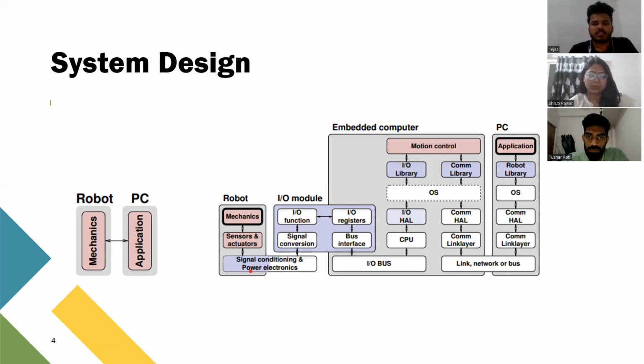Basically, the robot contains mechanics, the sensors, and the actuators, which perform all the actions, and the input-output module contains the input-output function, the input-output registers, signal conversion, and bus interfaces. The embedded computer contains all the input-output libraries, the common libraries, the operating system, and the CPU. And the PC has all the connections in it, that is applications, the robot library, another operating system, and the link layer.